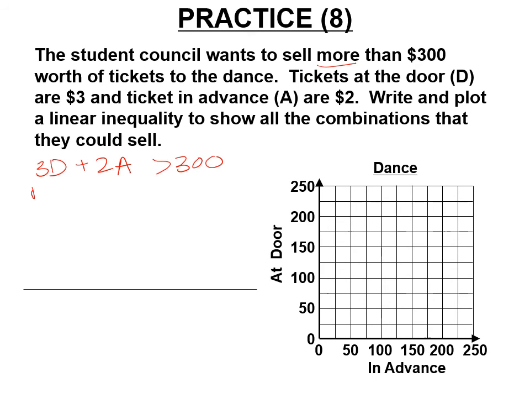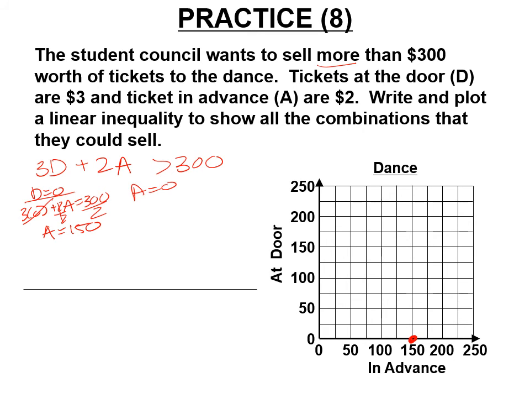So again, we're going to find the intercepts. If d equals 0, divide by 2, right? So in advance, they could sell 150 advance tickets and make their $300.